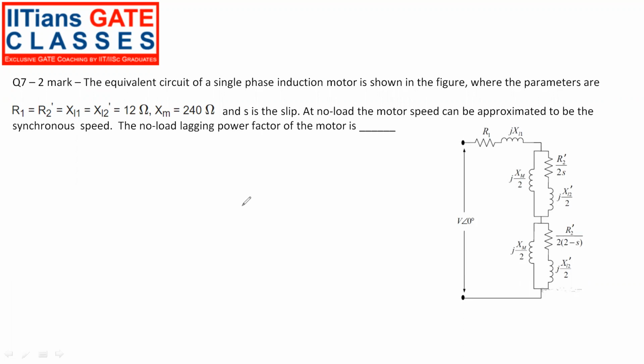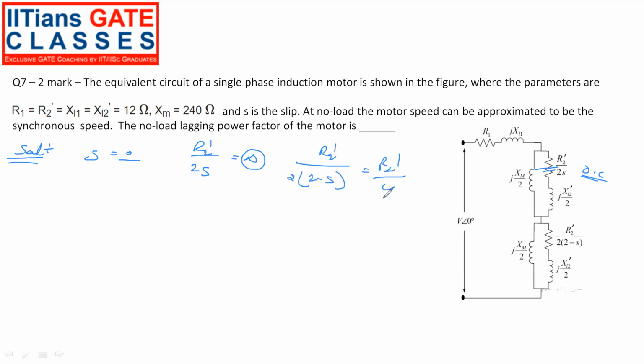At no load, the slip is 0. From the equivalent circuit, R2 dash by 2s becomes infinity, so this part will be open circuit. Similarly, R2 dash by 2 into (2 minus s) becomes R2 dash by 4.